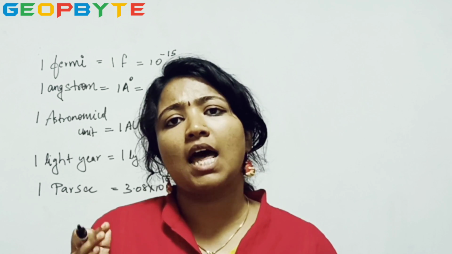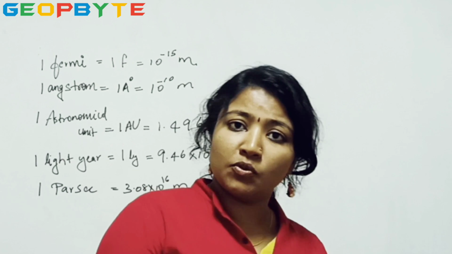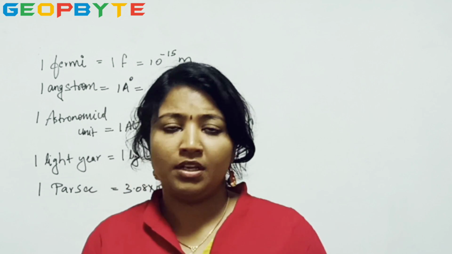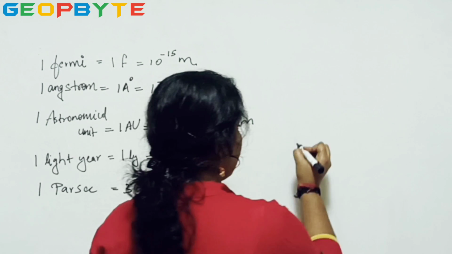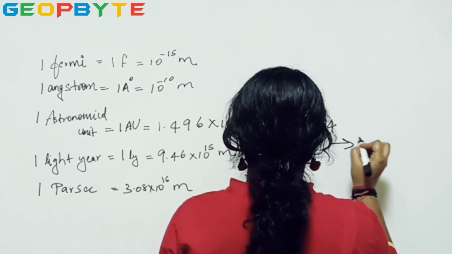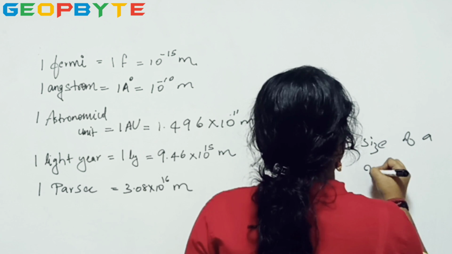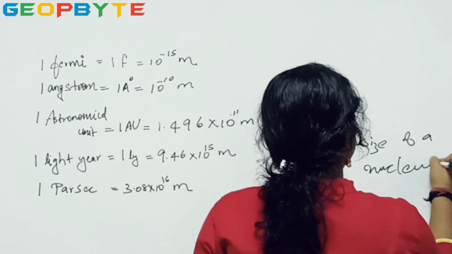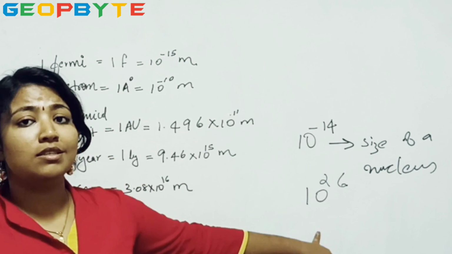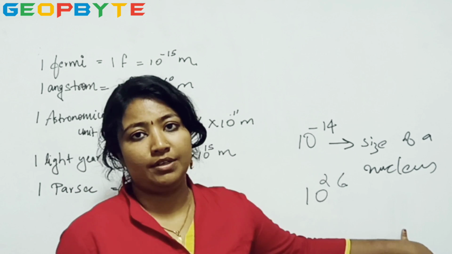Now, the size of the objects we come across in this universe varies over a wide range. It varies from 10 to the power minus 14 meters, which is the size of a nucleus, to 10 to the power 26 meters, which is the extent of the observable universe.